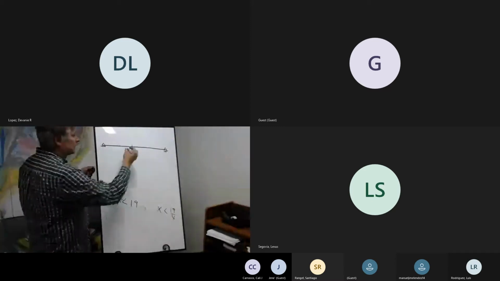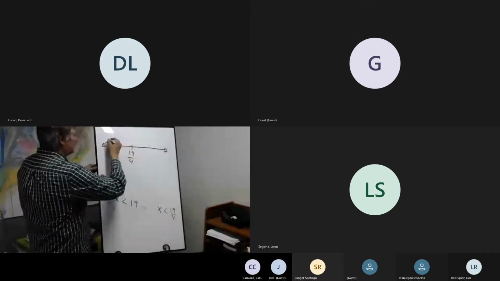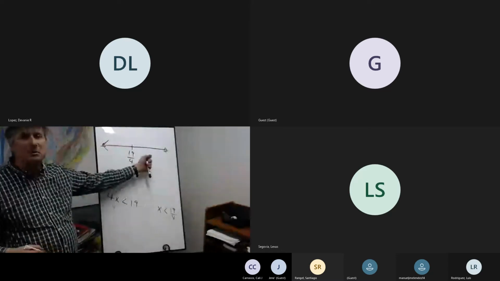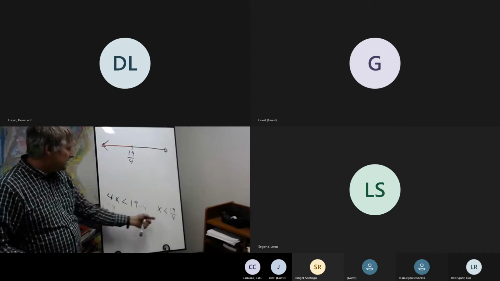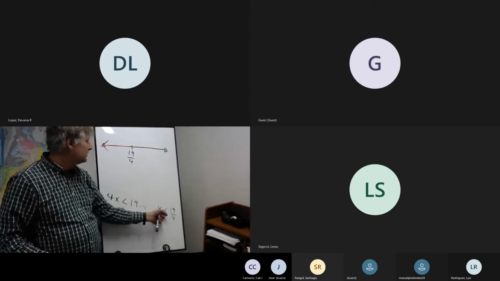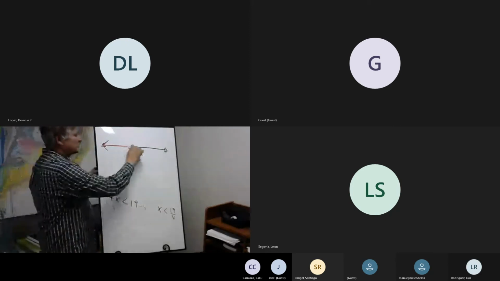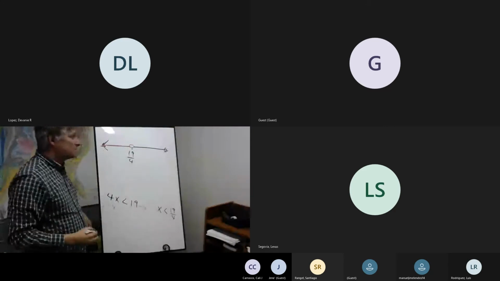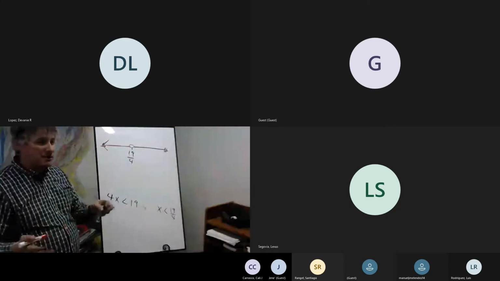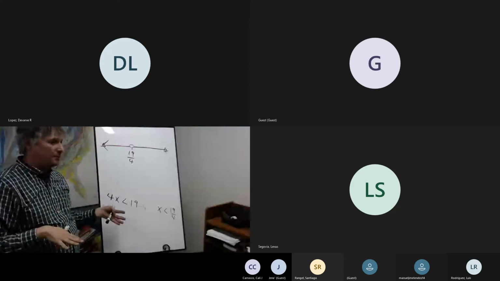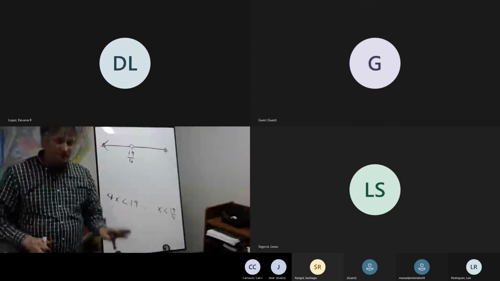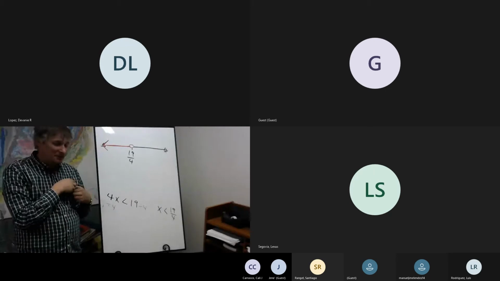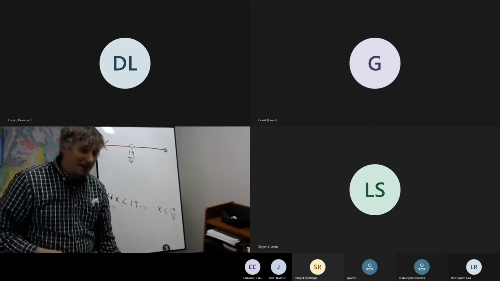Smaller means the left side of 19/4; bigger is going to be right. And because there's no equal to here, that means we're not including 19/4. So we put a circle there saying we want everything smaller than 19/4, but not 19/4 itself. And that would be our answer. Questions about that?